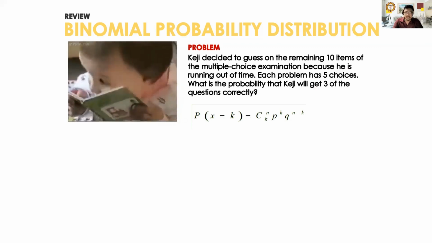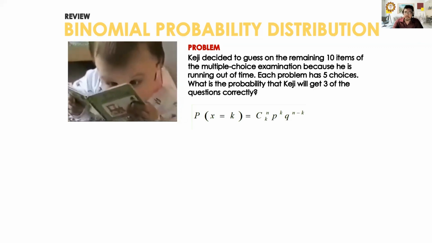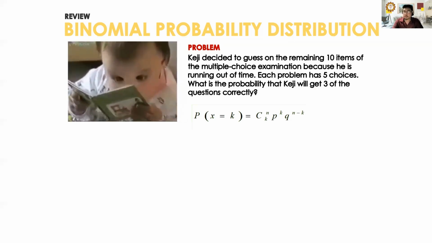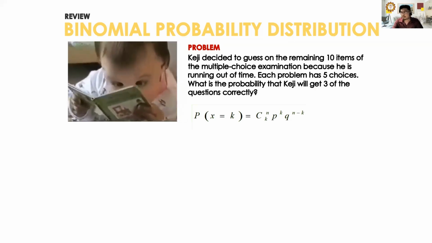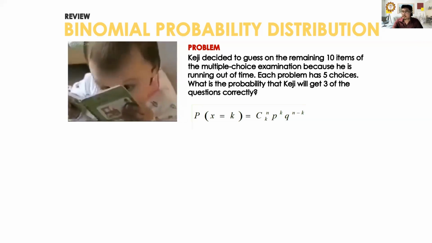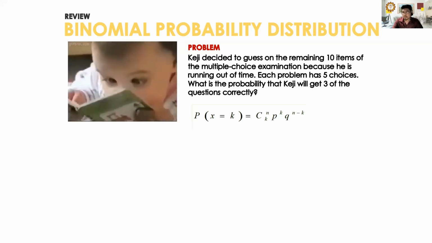This is a classic example of a binomial probability problem because we are given a fixed number of trials or observations in the problem, which is 10 items. And then the trials are also independent of each other because each item will have a different question.